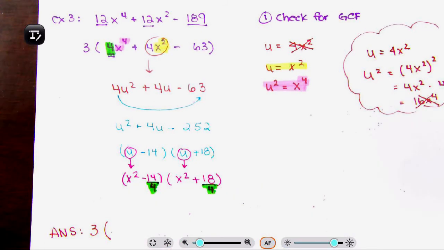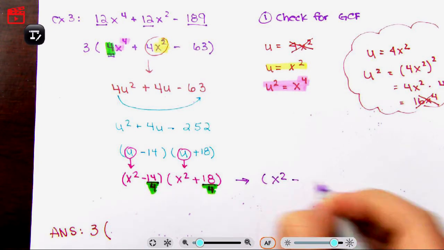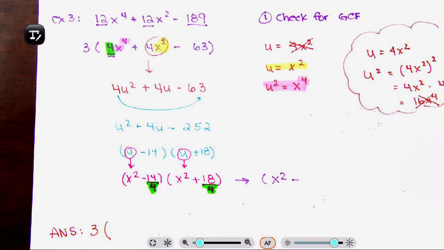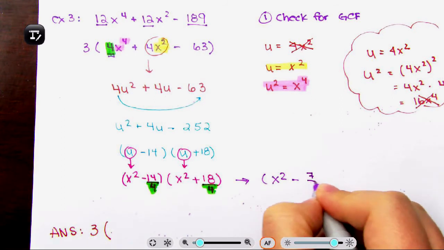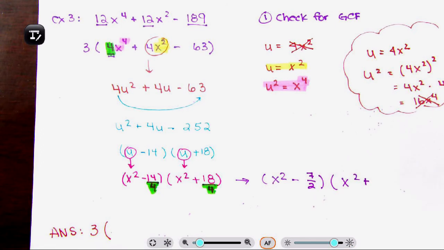After that, you're going to simplify that fraction. So x squared minus 14 divided by 4, that is 7 halves. And then I have x squared plus, and then 18 divided by 4, that is 9 halves.